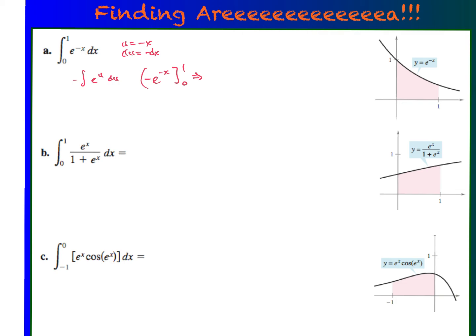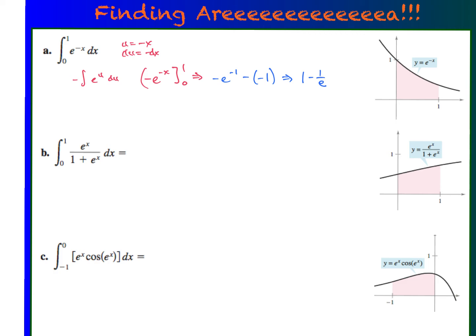We substitute in 1, and so now we end up with negative e to the negative 1, and then minus, I substitute in 0, so now I have what? Minus a negative 1, exactly. All right, so we end up with 1 minus 1 over e. All right, and that is the area under the curve of that one.